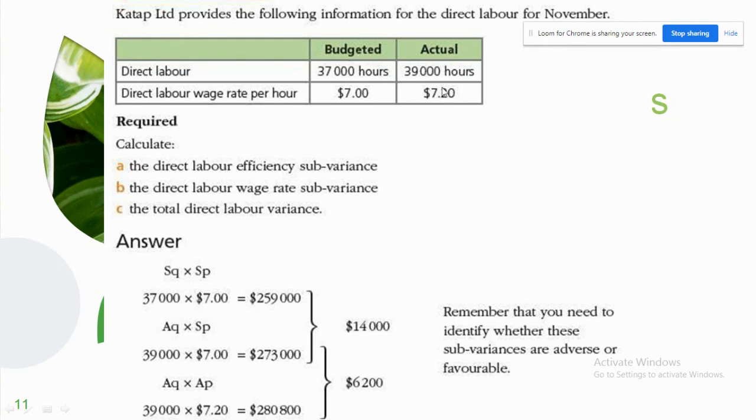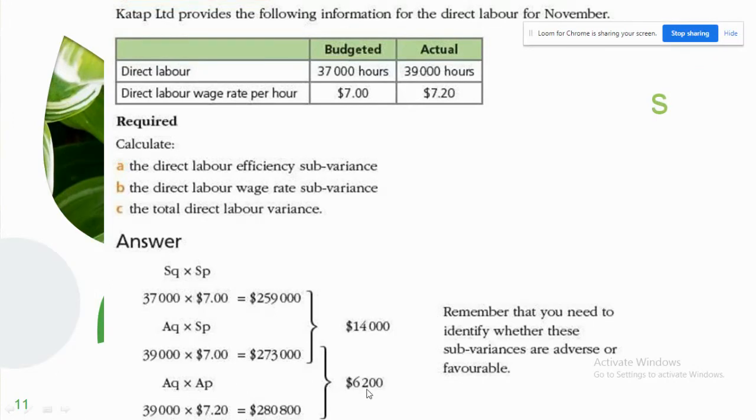That means $0.2 was incurred as excess on each hour of 39,000 hours. So 39,000 hours times 0.2 will give us 7,800, or we can use the formula AQ times SP minus AQ times AP.